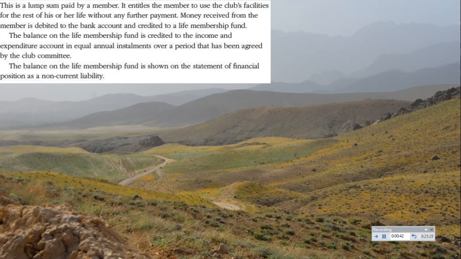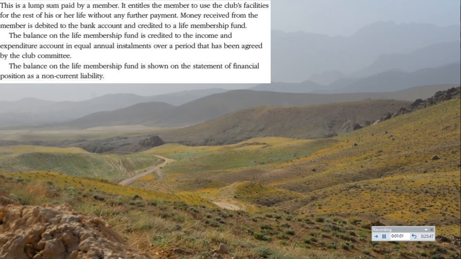It's in credit. The balance on the life membership fund is credited to income and expenditure account in equal annual installments over a period that has been agreed by the club committee. The balance on the life membership fund is shown on the statement of financial position as a non-current liability. So it's very simple.